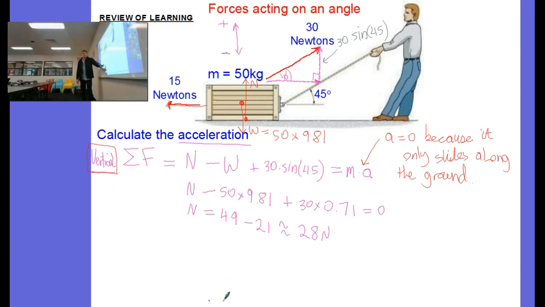So you have to recognize that if I'm interested in the acceleration, I've got to think about it logically. If it's just sliding along the ground, the acceleration is happening horizontally, or parallel to the motion. So I have to consider all the forces acting in that same horizontal direction. Does that make sense?